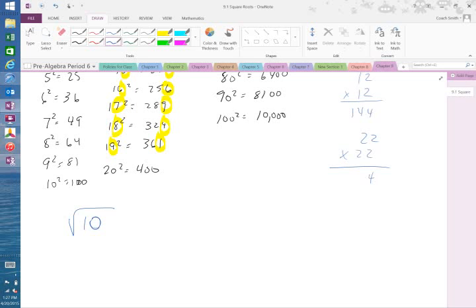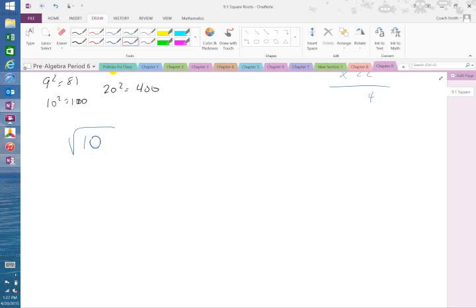Okay? Since you're approximating it, you do not have to use the plus or minus. You can just put 3. Okay? The reason we put 3 and not 4, okay? Here's the reason. The square root of 10 falls between the square root of 9 and the square root of 16.